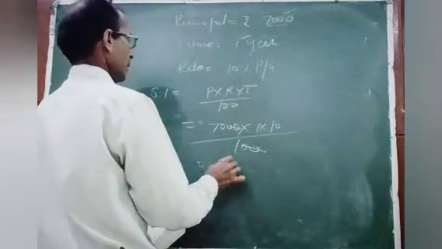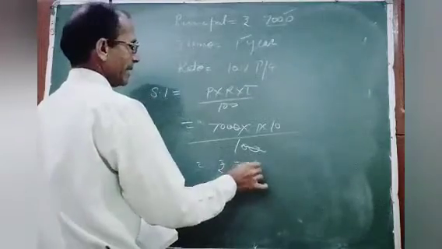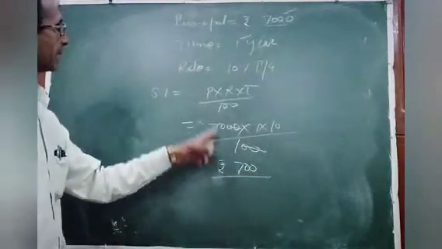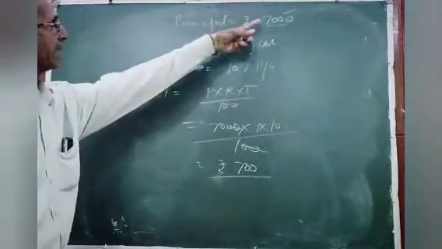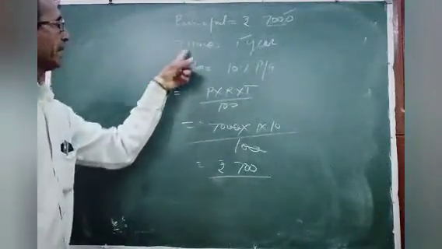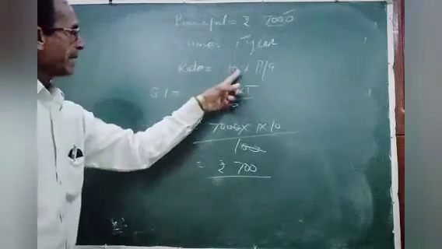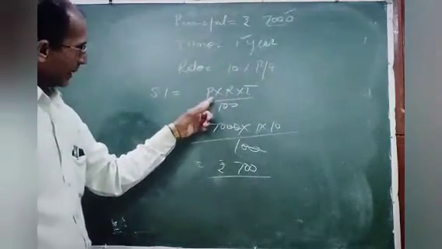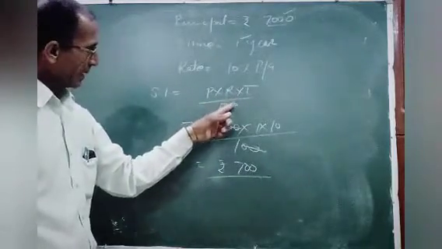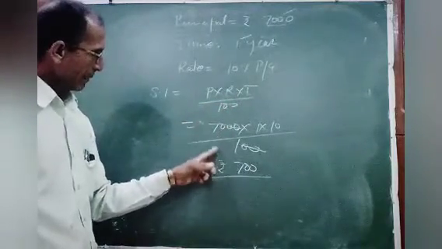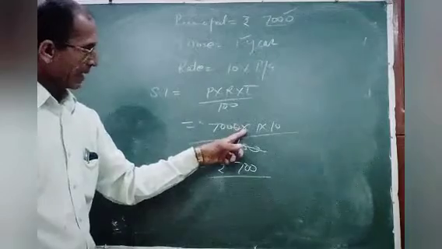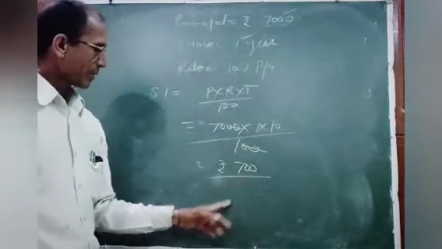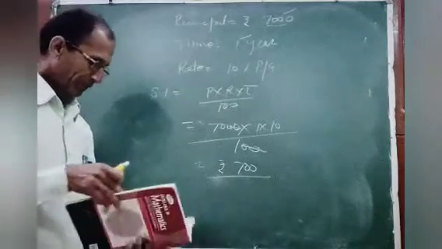So rupees 700. Once again I am repeating: principal is rupees 7,000, time is 1 year, rate is 10% per annum. And the simple interest formula is principal multiply rate multiply by time upon 100. So it will be 7,000 multiplied by 1, it means time was 1, rate 10% upon 100. So rupees 700.